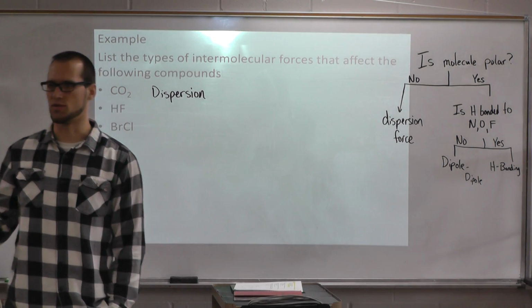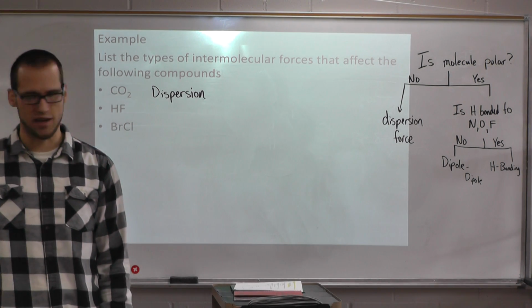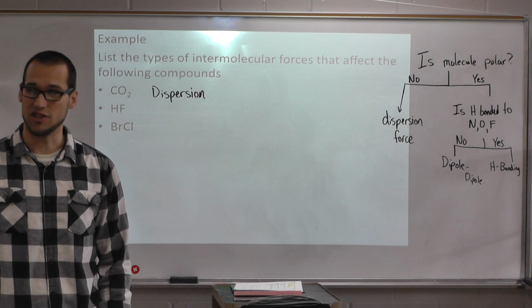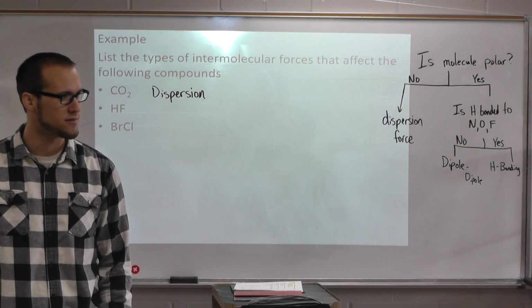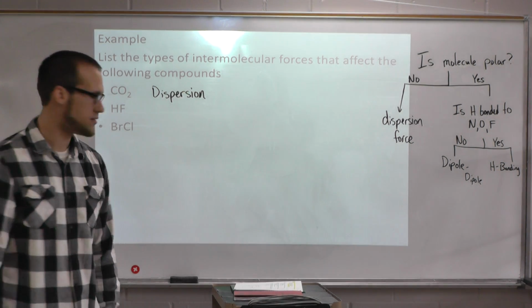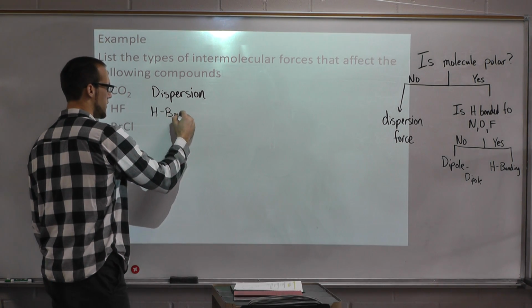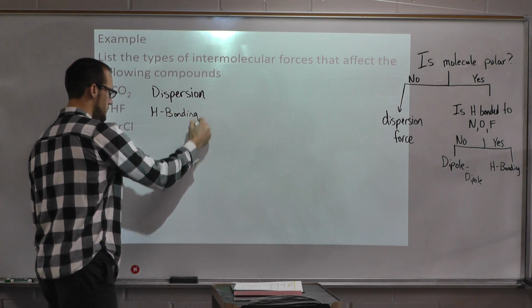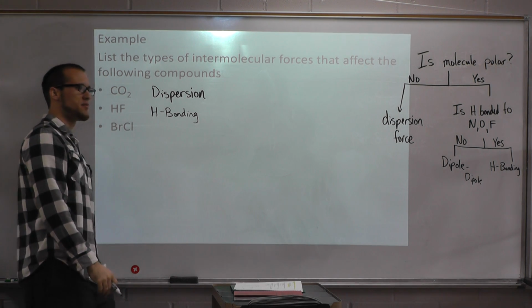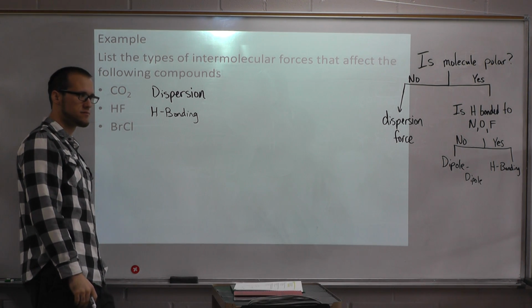The next one's real easy because it's just two guys bonded to each other, and it is hydrogen bonded to fluorine. What's the answer for the next one? And you can probably guess what the third one is.